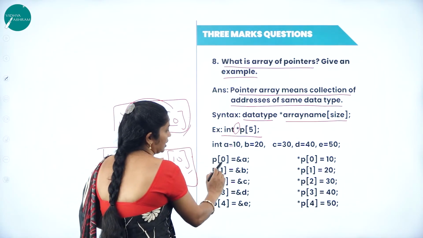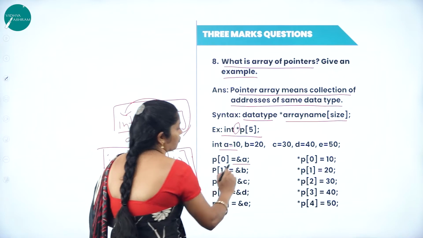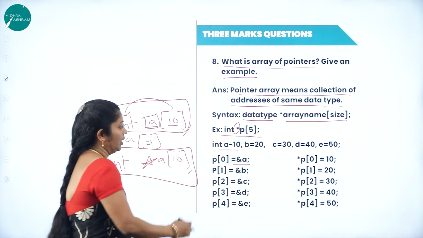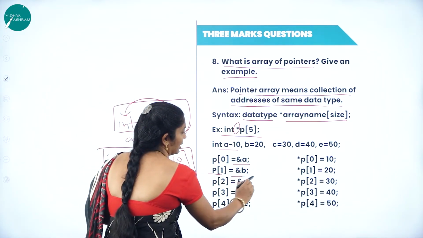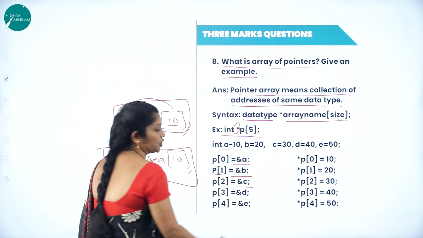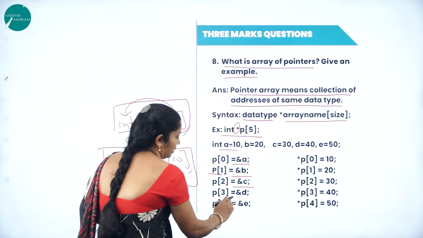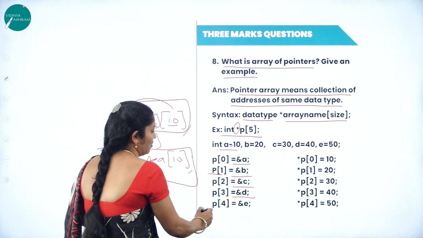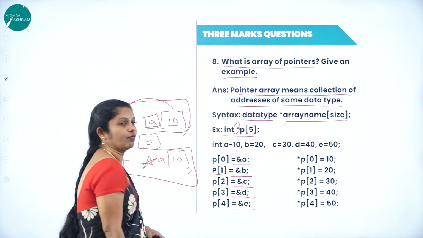Whereas p[0] represents the address of a, that is &a. Then p[1] represents the address of b, p[2] represents the address of c, p[3] represents the address of d, and in the same way, p[4] represents the address of e.